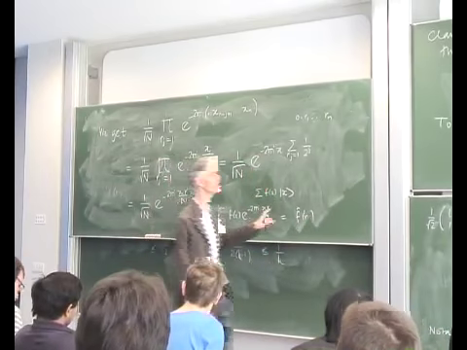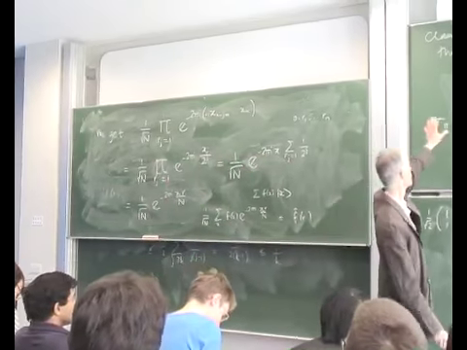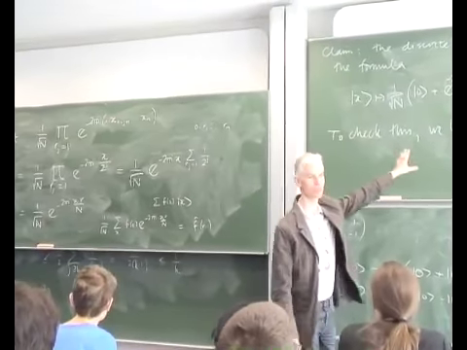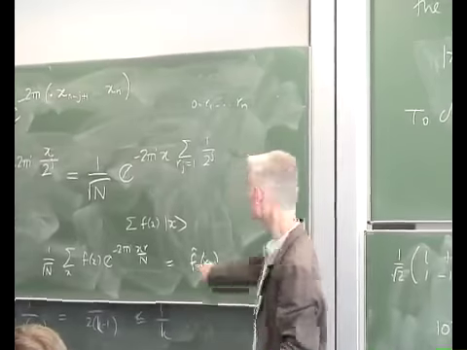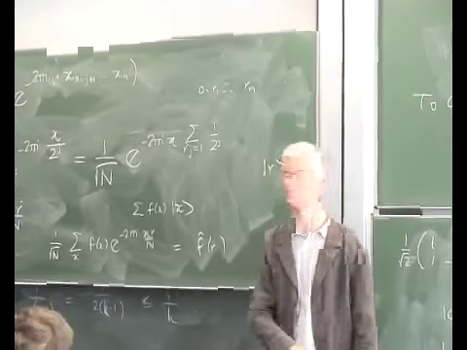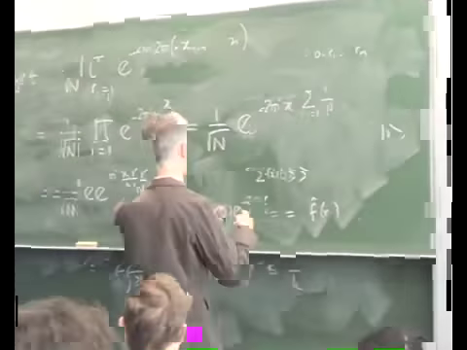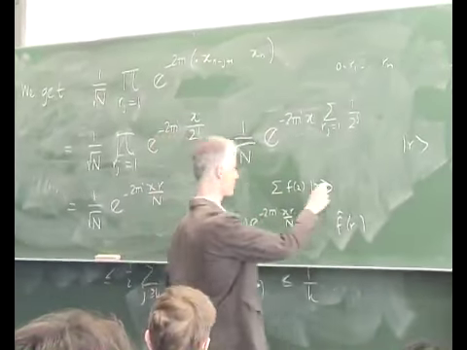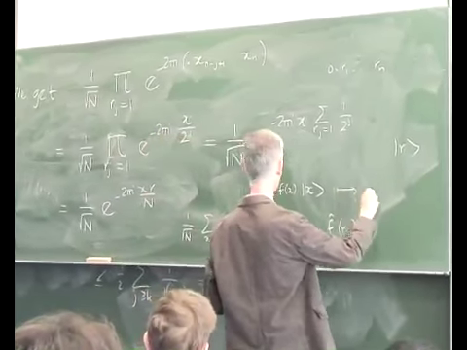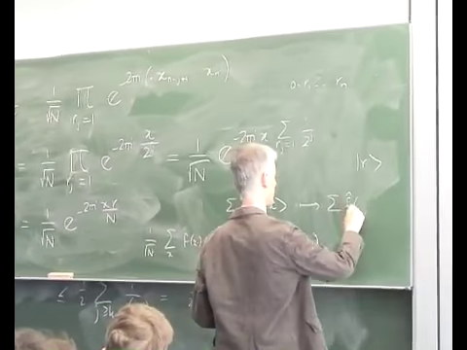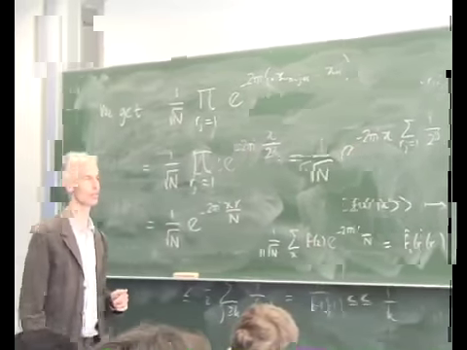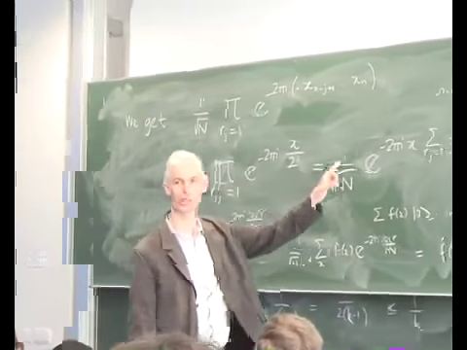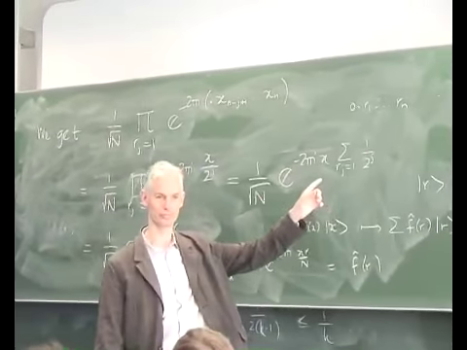So what I've shown there is that if we chose some function and applied this map, then the coefficient of the state r would be f hat of r. So I started with a function where the coefficient of the state x was f of x. So in fact, basically what I've done is I've shown that that maps under this funny map to sigma f hat of r, r, which is exactly saying that this thing here is calculating the discrete Fourier transform.